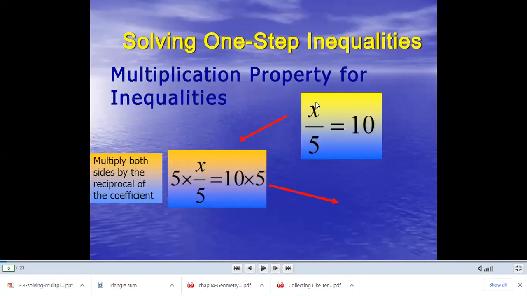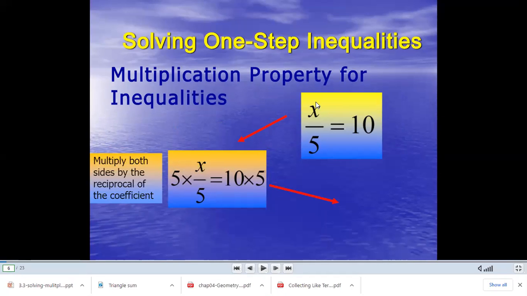When we have x over 5 equals 10, do you remember this one for equations? Now the multiplication property for the inequality. I want to remove 5, so what do we have to do, grade 7?